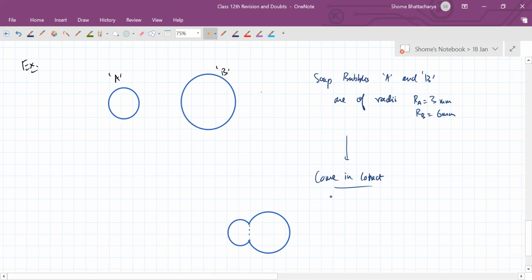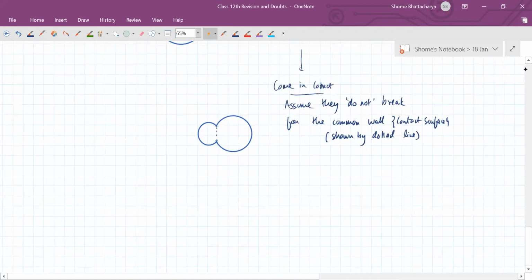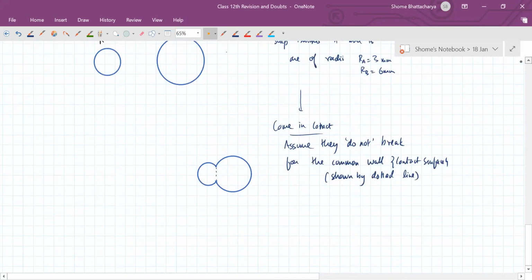So for the common wall or the contact surface, the one shown by a dotted line, we have to first of all figure out whether the shape will be concave or convex when seen from the left.